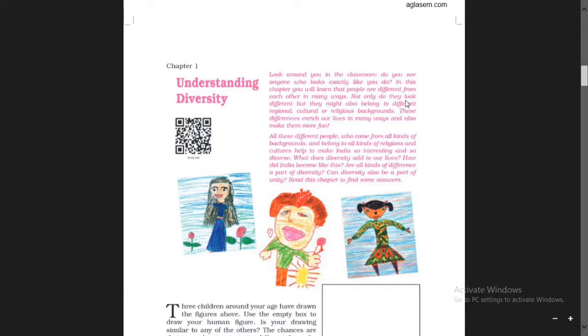Not only do they look different, but they might also belong to different regional, cultural, and religious backgrounds.